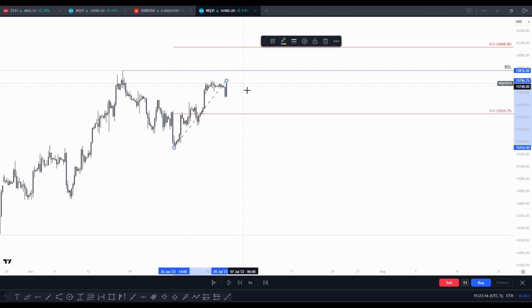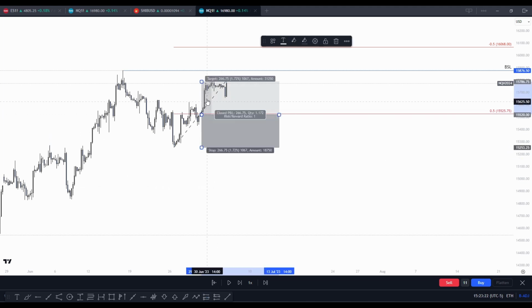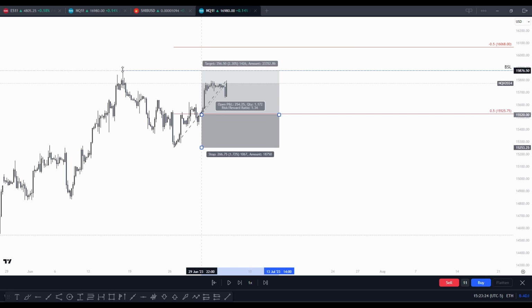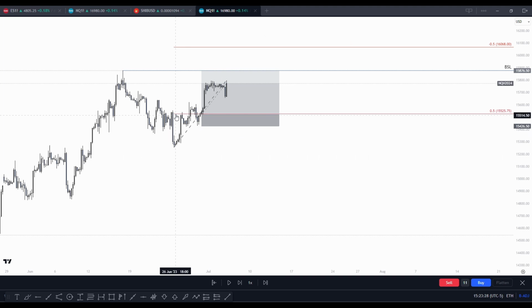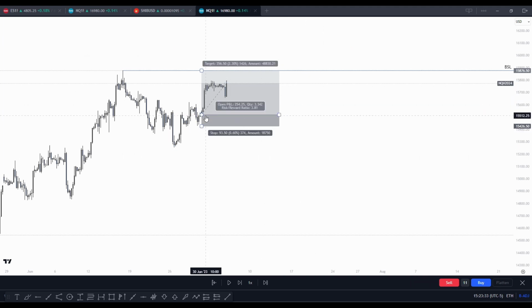Okay, this is about a daily equilibrium. So I would look to enter this to take out the buy side liquidity up there at 15,876 at the pullback of this equilibrium block, and look to take the trade back up.